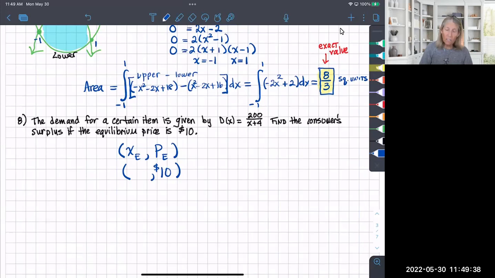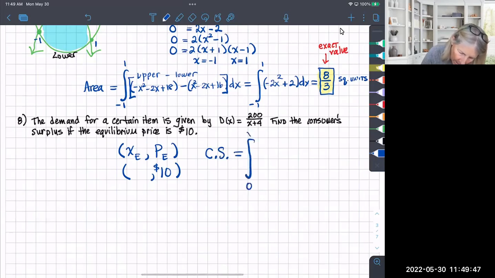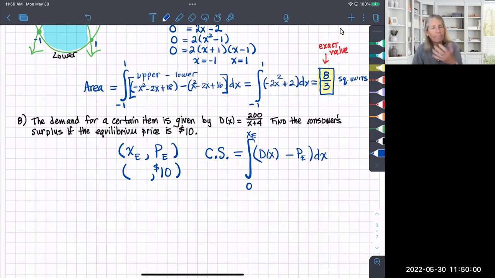Because in order to get consumer surplus, the formula that I like to use is to integrate from 0 to the X at equilibrium, and then we do the demand function, D of X, minus the price. Okay, so this is the formula that I use. You're welcome to use the other formula, but to me this is just a little bit cleaner.